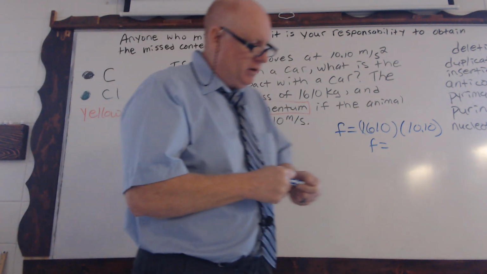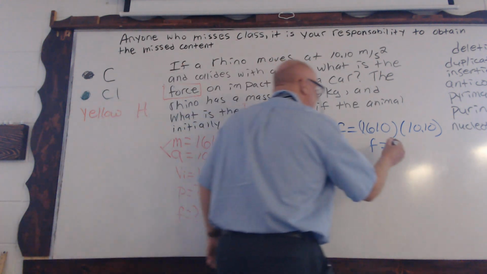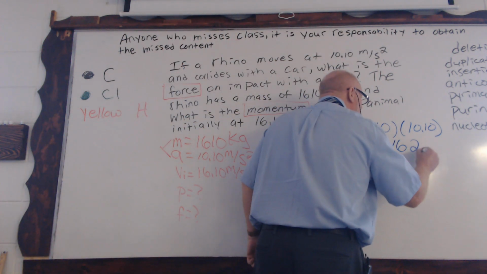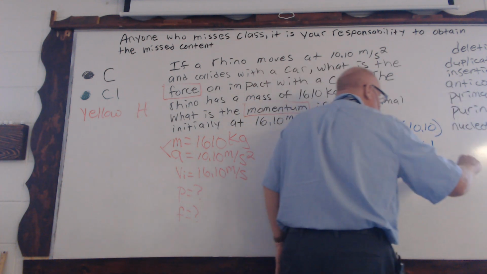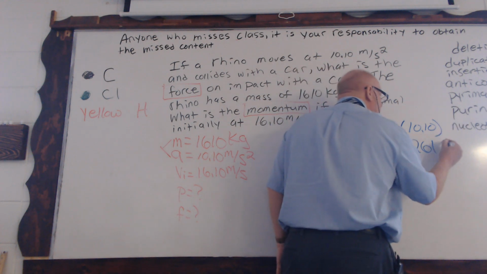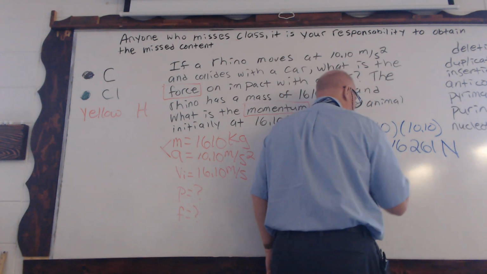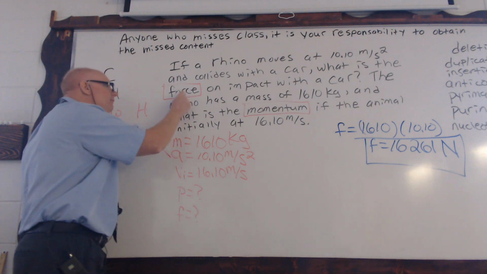So therefore, 16,261 point whatever, maybe there isn't a decimal, but we're labeling that how? N for newtons.